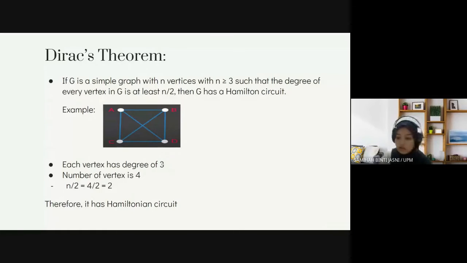The number of vertices here is 4, and half of 4 is 2. Since every vertex has degree 3, the degree of every vertex is greater than half of the number of vertices. Therefore, this graph has a Hamiltonian circuit.